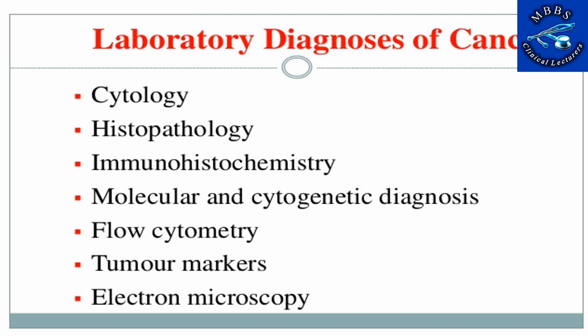The first one is cytology. In this technique we are going to see single cells or individual cell morphology, while in histopathology the tissue is evaluated for the particular disease or cancer. In immunohistochemistry, certain chemicals are expressed in the tissues, with which the surface antigens and antibodies form complexes and give us a particular color.